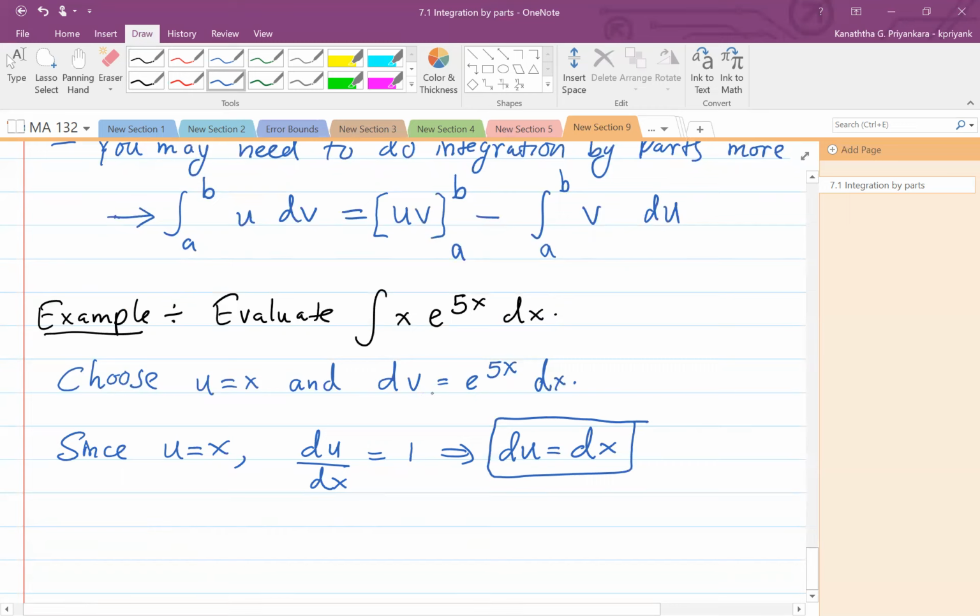So I will take u equals ln x, and we take dv as dx.